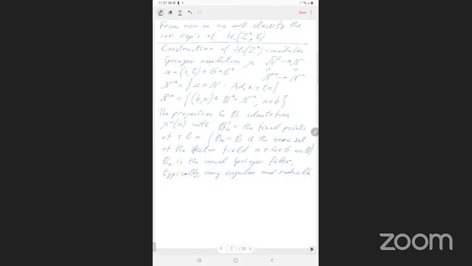Okay. So just a remark is that this B^s_x is non-empty, since this B^s_x is the fixed point set of a group generated by s and the exponents of the multiples of x.